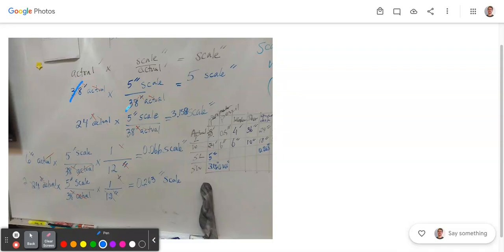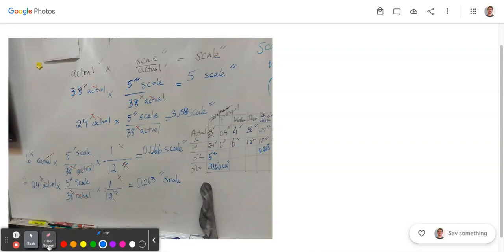Well, 38 cancels on the top and bottom. We can cancel feet on the top and bottom, and we can cancel actual on the top and bottom. What we're left with is just 5 scale inches, which is what we have here, equals 5 scale inches. And we're done. That one was pretty easy. So for our scaled length, we would put on page 207, 5 inches. That's for the scaled category. These are all scaled lengths.